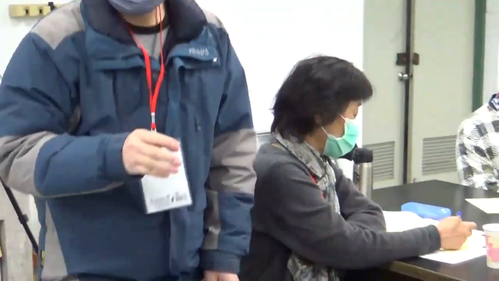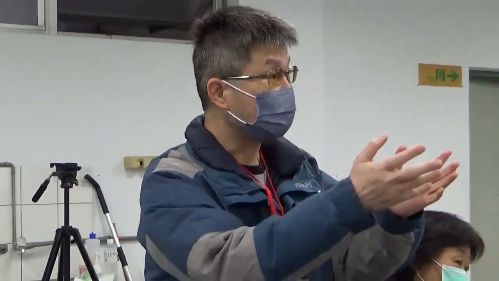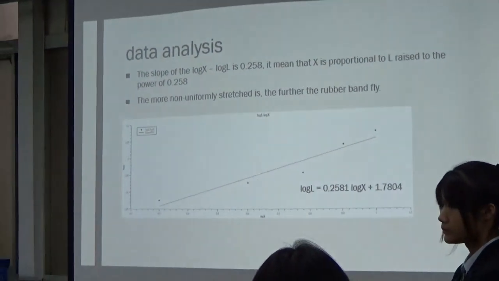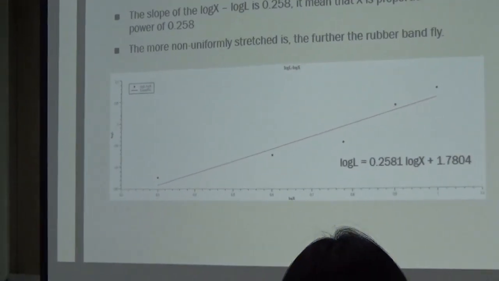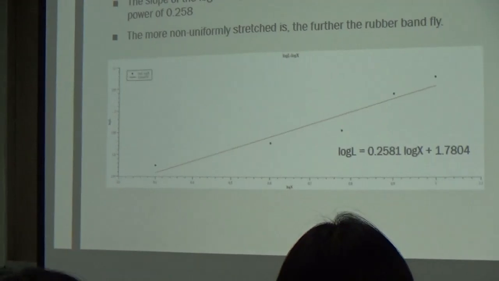Any more questions? Yeah, Professor Chen. Yeah, thanks. Could you bring up your data again in your presentation? Which data? Yeah, this one. So the y-axis is the length of the traveling, is that right? The L, or which one?